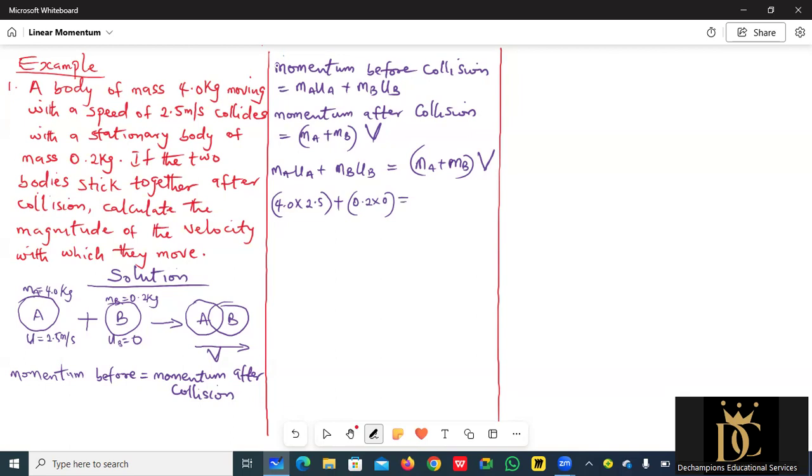So this is equal to the mass of body A, 4.0, plus the mass of body B, 0.2, multiplied by the velocity.